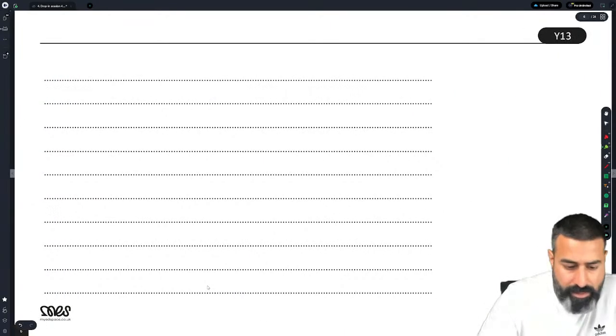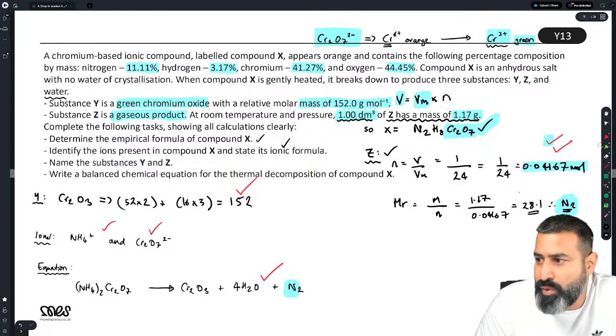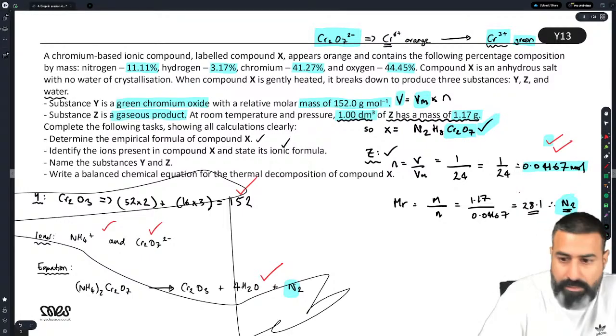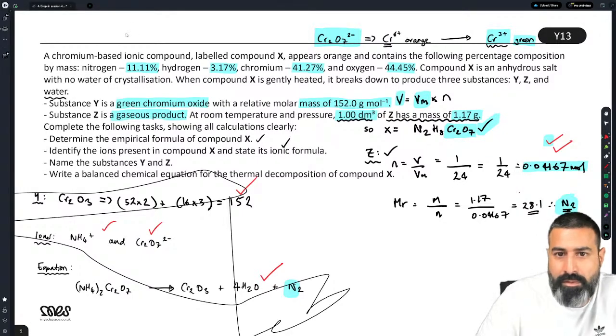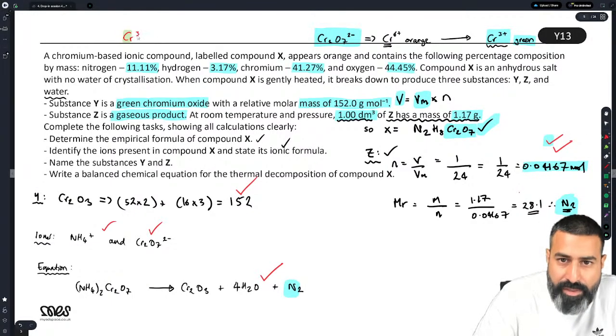So just answering Edix's question. Chromium 3 plus and chromium with any oxygen would both give green? So normally Cr3+ is green.